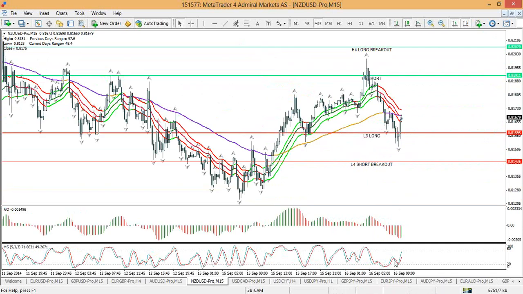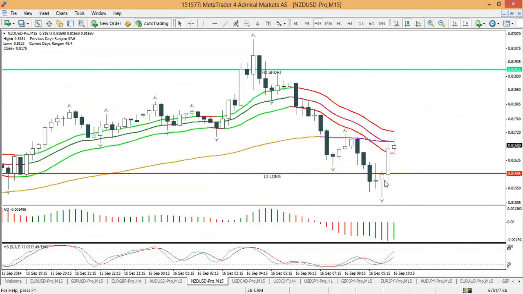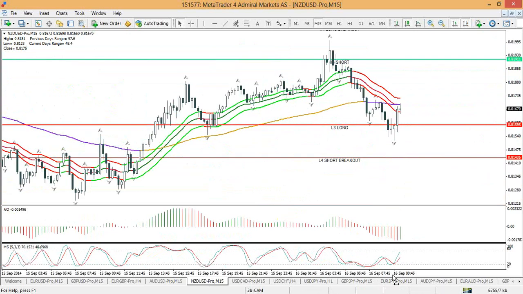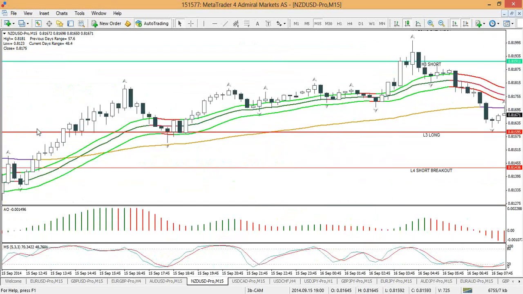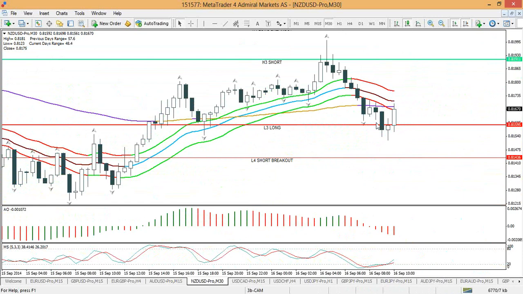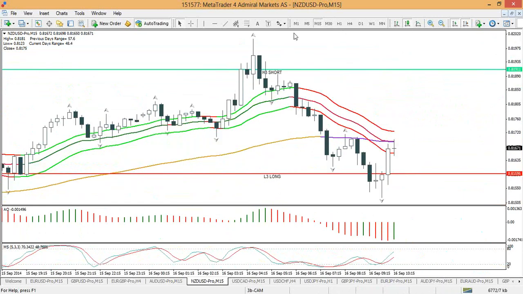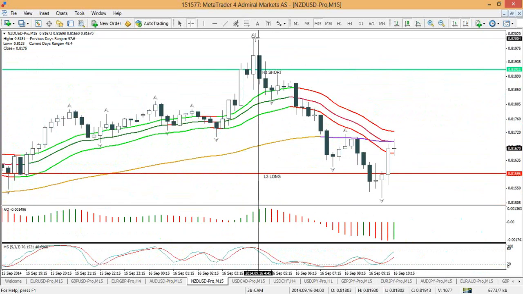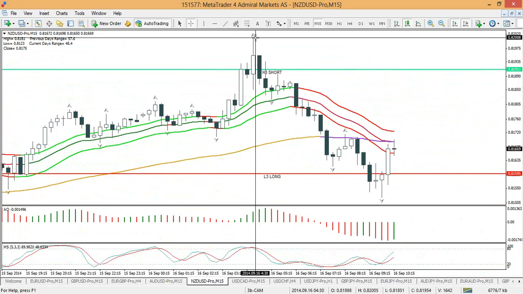Kiwi dollar, not getting much of a follow through. In fact, if you look at it like that, it's a pretty dangerous development of these two bars. And the breakout didn't go as far as wanted. That's one of the reasons why a stop loss all the way above here is good, because then you don't get trapped.